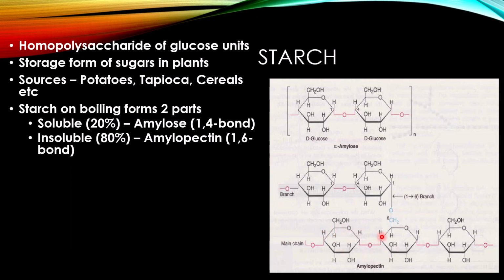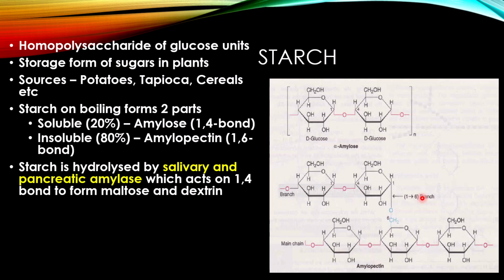The main chain has a 1,4 bond, and the branch chain has a 1,6 bond. The branch again may have a 1,4 bond. So amylopectin is the branched form of homopolysaccharide, the insoluble starch, and it has 1,6 bonds at branching points.